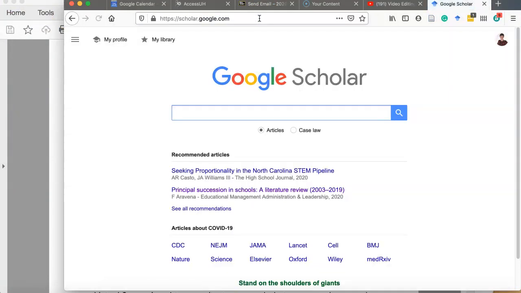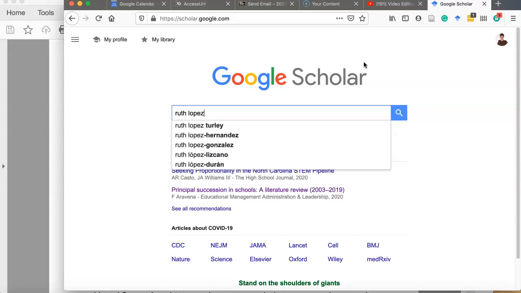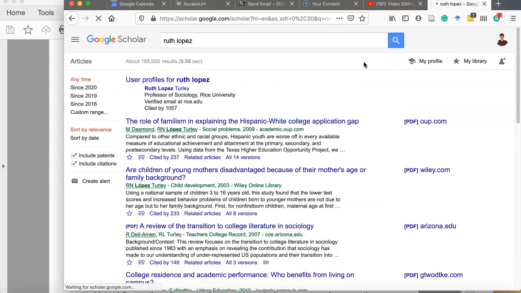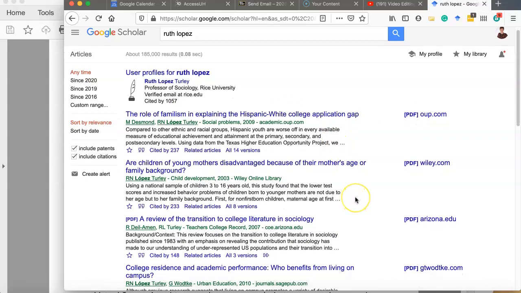You can manually enter all of this information, or you can go to your favorite place to look up academic articles. Mine is Google Scholar. Let's look for an article by one of my colleagues, Ruth Lopez.